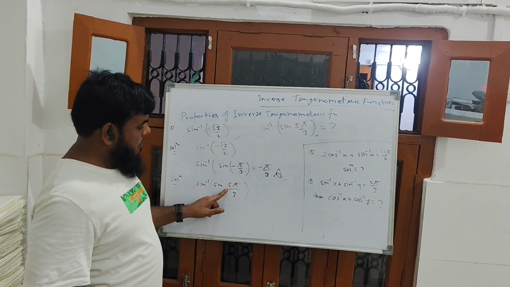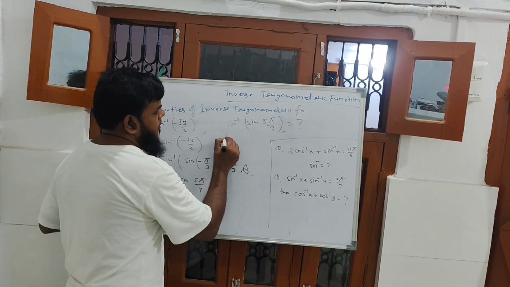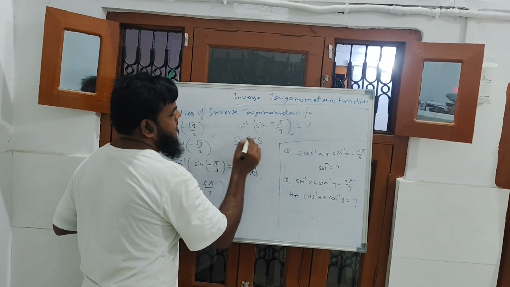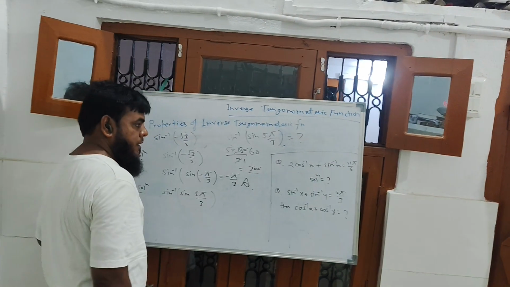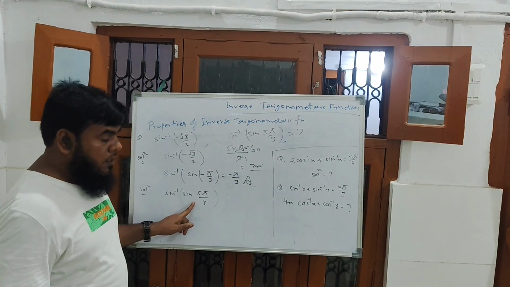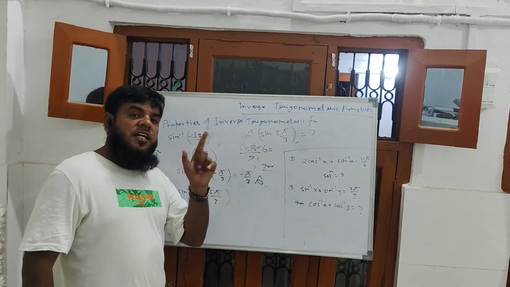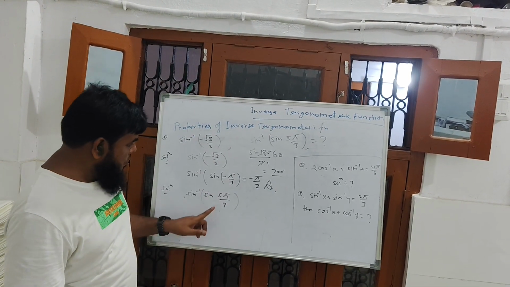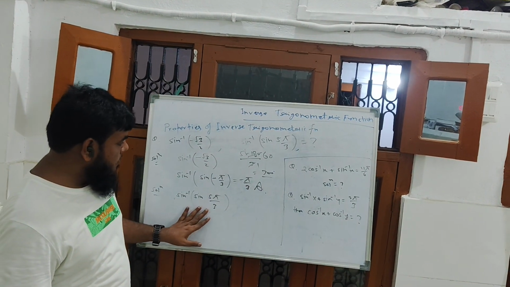Because pi by 3 with pi as 180 degrees, that is 180 upon 3, gives 300 degree. But the range of the sine inverse function lies between minus pi by 2 and pi by 2, so we have to handle this differently.